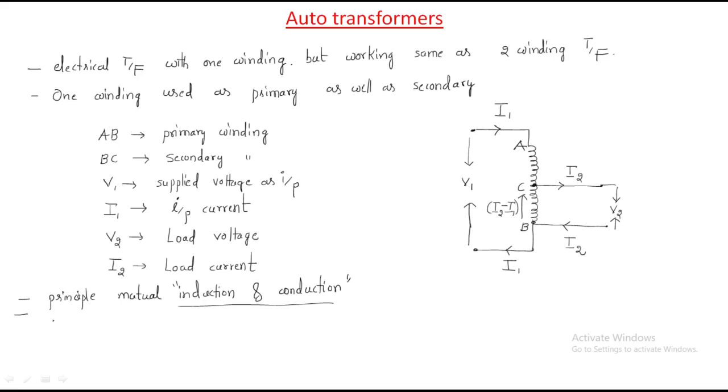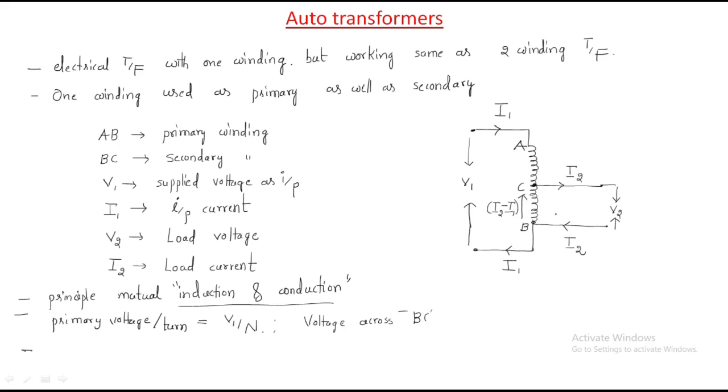The primary voltage per turn we can write like this: primary voltage V1 per number of turns N1. Now we have to find the voltage across BC.